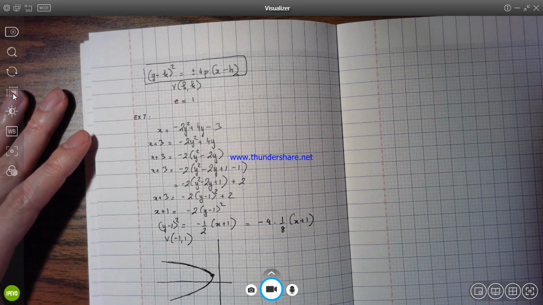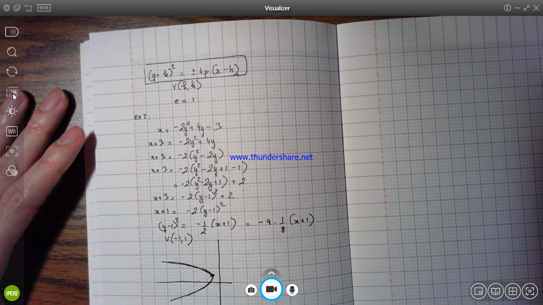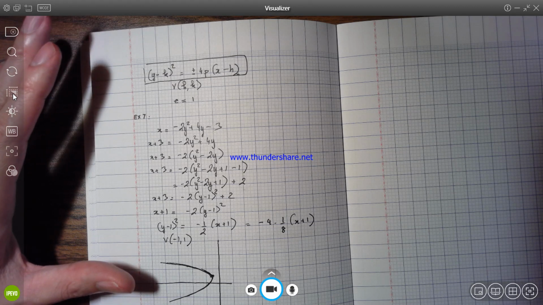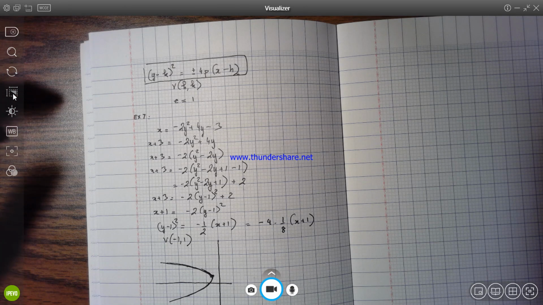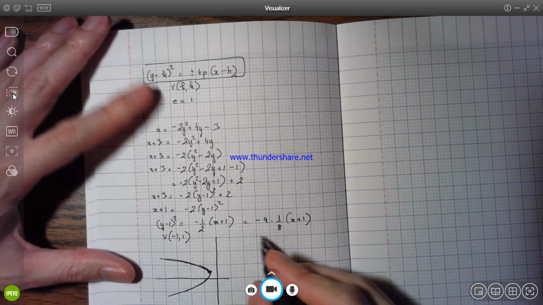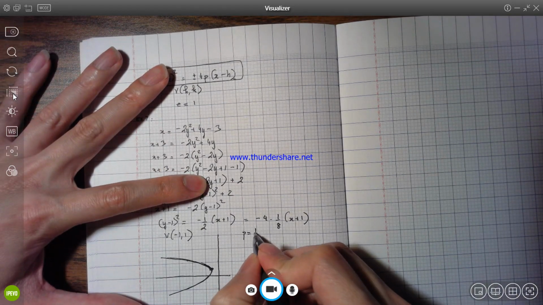And we know that 1/8 is super small. So the p is 1/8.